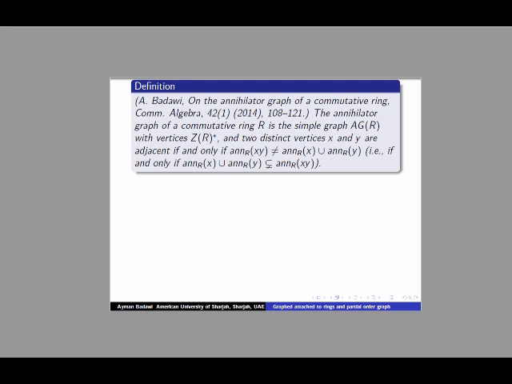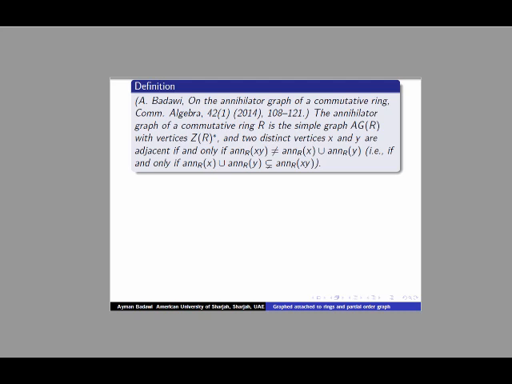Okay, what do I mean with the annihilator of an element? Let's choose an element A. What do I mean with the annihilator of A? I mean all the elements in the ring, call them B, where BA equals 0. In the street language, the annihilator of A means all the elements in the ring R that when you multiply them with A, you come up with 0.